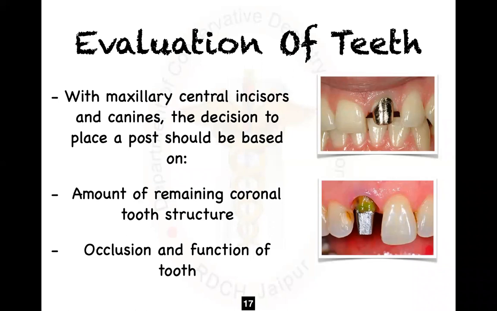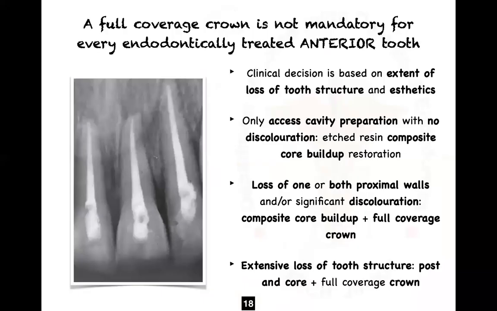The chart, this decision-making chart that I got from Grossman, the same thing I'm discussing right now: the entire treatment depends on the amount of remaining coronal tooth structure, the number of walls you are left with, occlusion and function of the tooth; that becomes your posterior teeth ka demand.